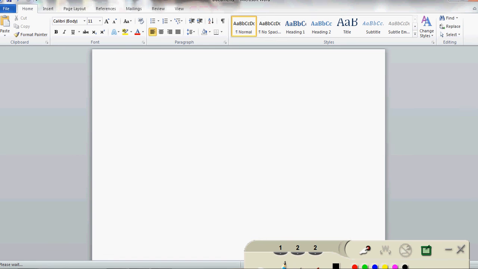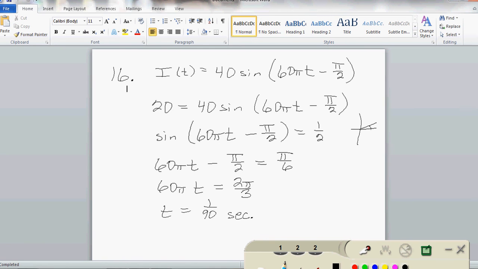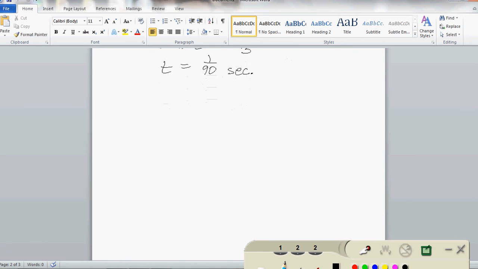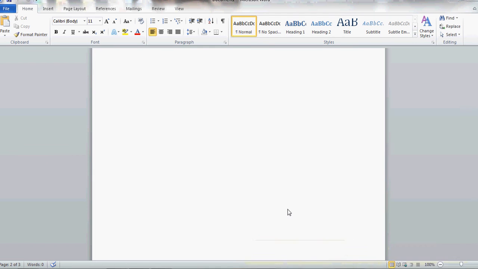And then finally, we get example number 17. A mass hangs from a spring which oscillates up and down.